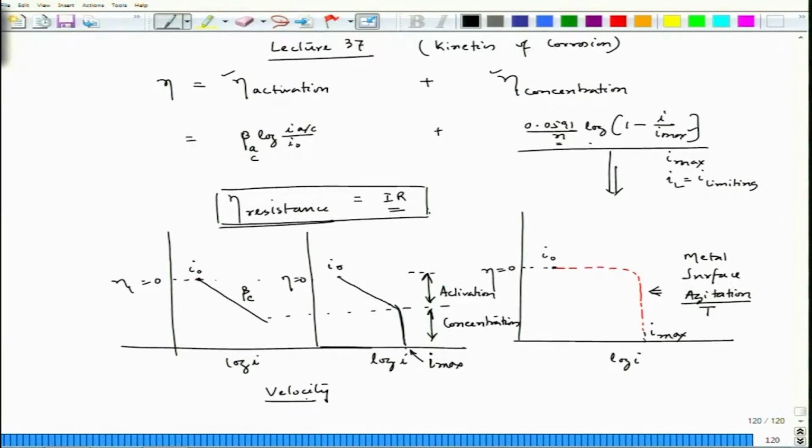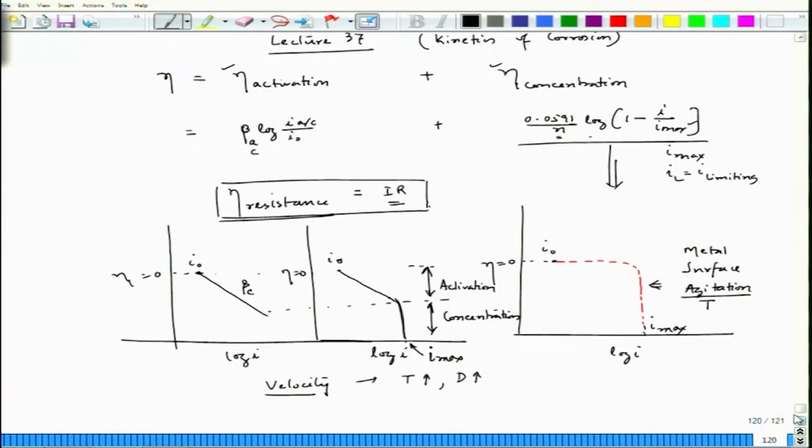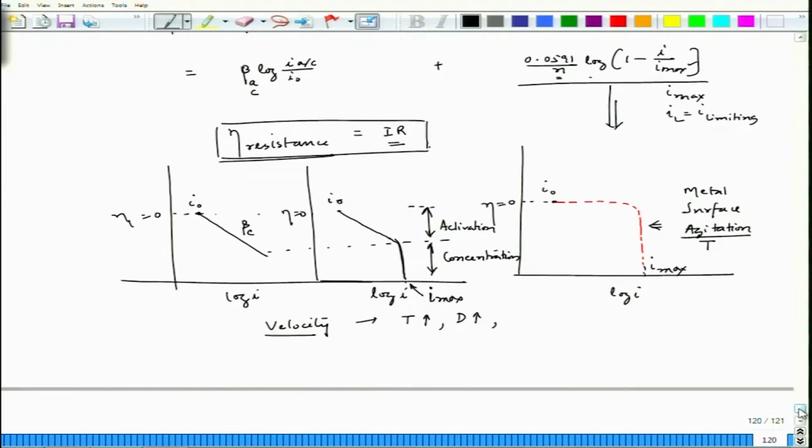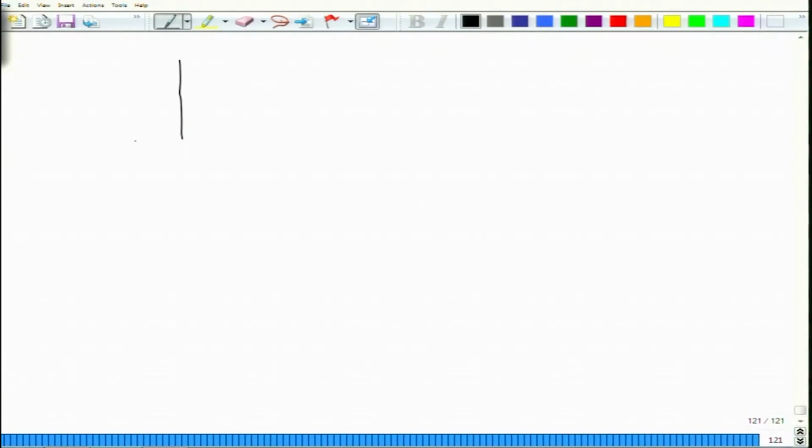If I increase the velocity, because of the churning, it could lead to temperature increase, and once temperature increases, diffusivity increases. Now if I look at the boundary layer as well as the way concentration is changing, this is the IHP, OHP, and we have seen the concentration is changing like this.